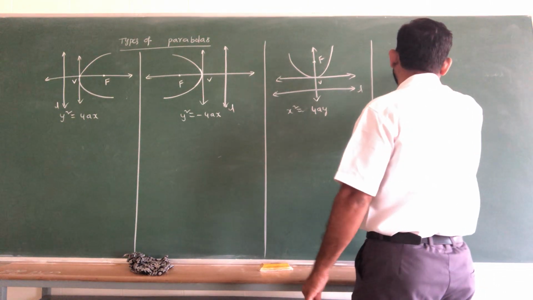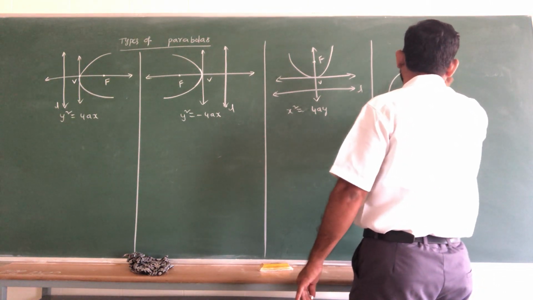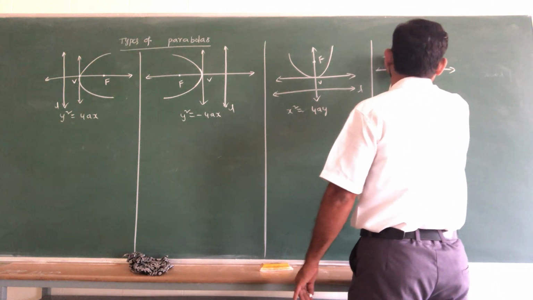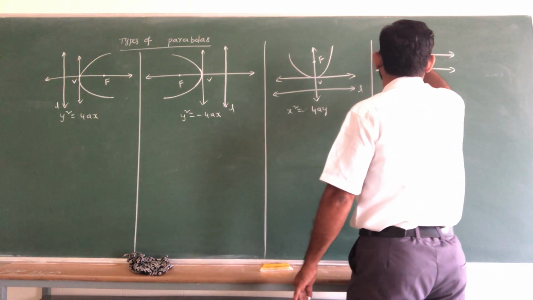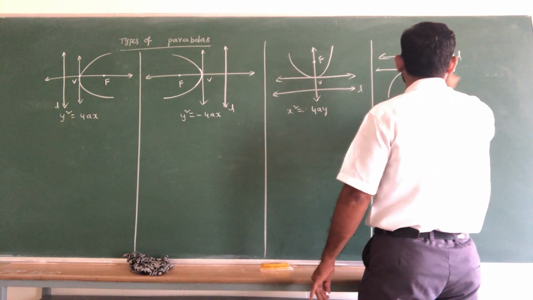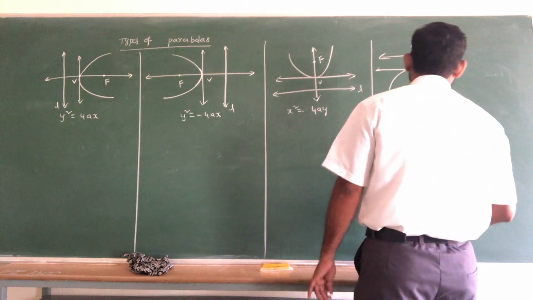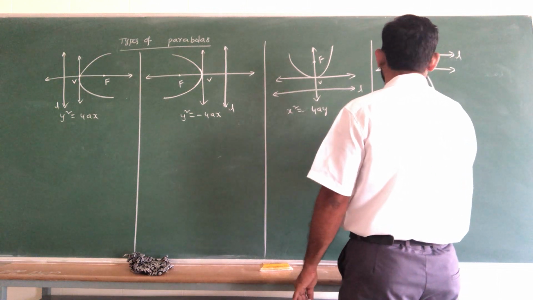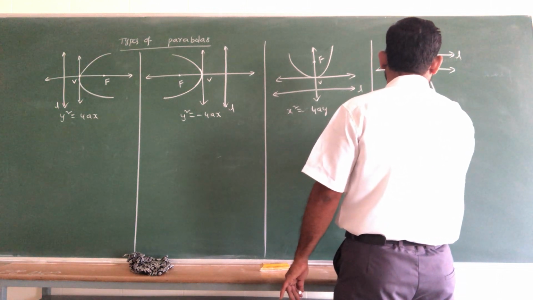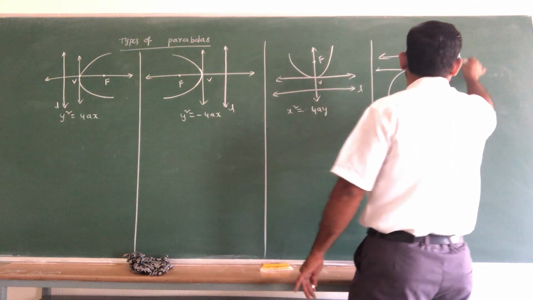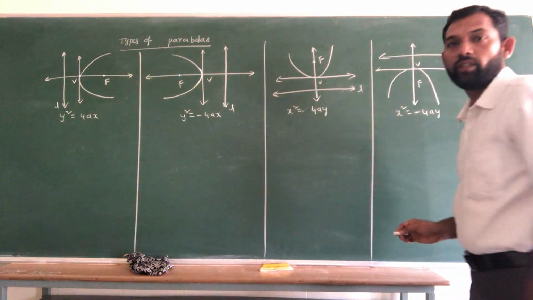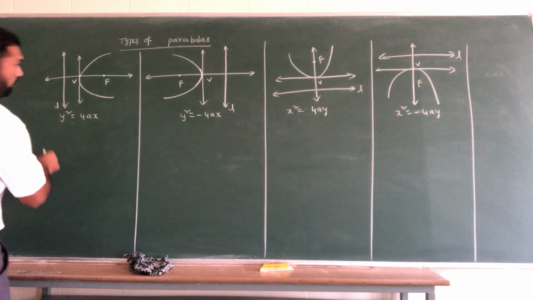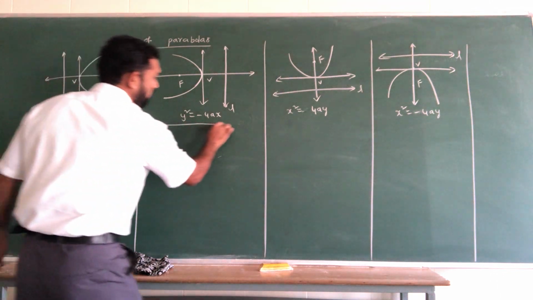Last one. x square equal to minus 4ay. x square equal to minus 4ay. These are the four parabolas.